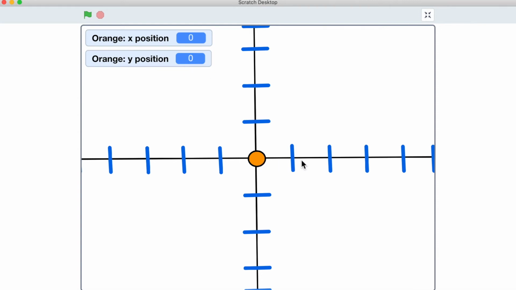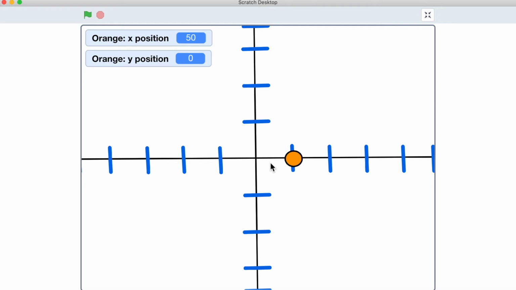As it travels towards the right, it moves incrementally in the positive numbers. Right now the bars which you're seeing are at 50 points each. If I use the right arrow, you will see the x position is 50.